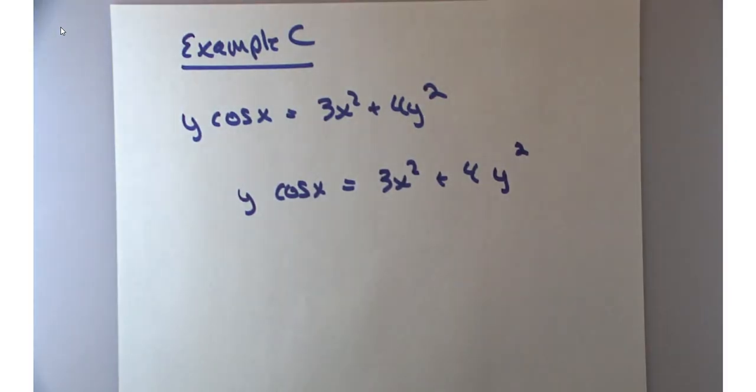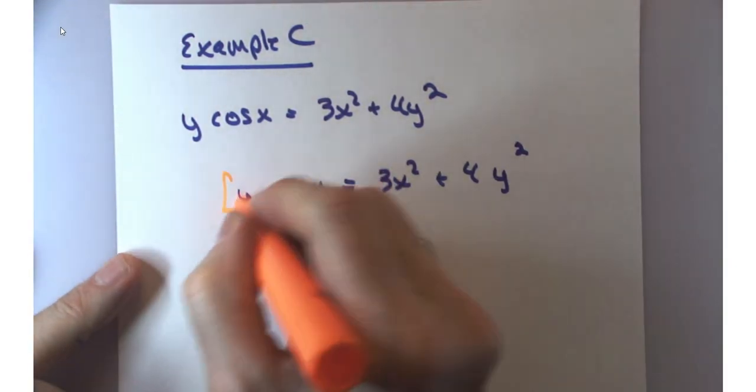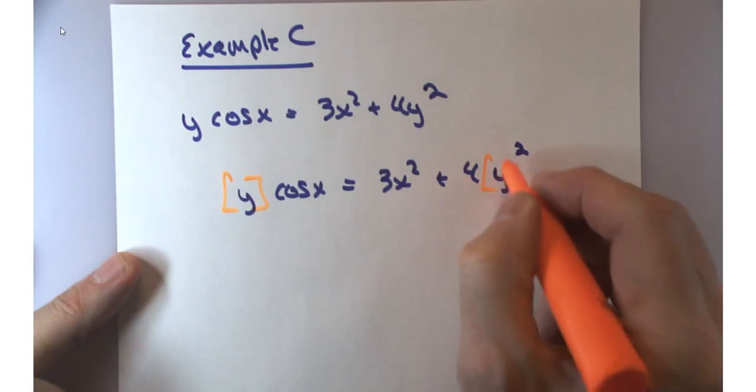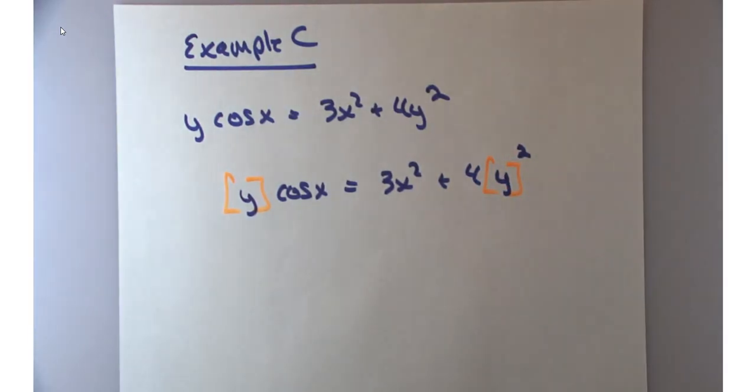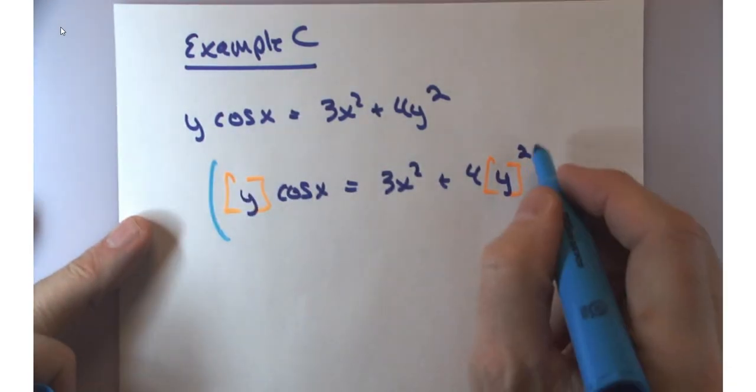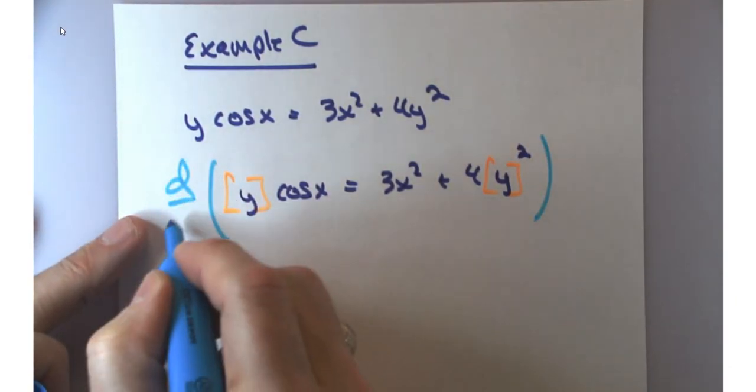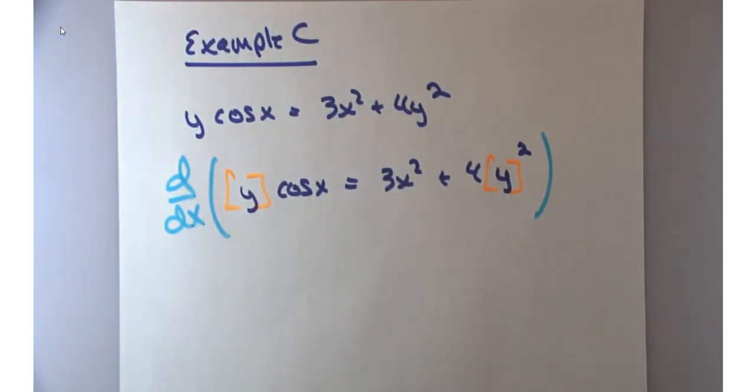I'm going to start as usual by just putting these y's in brackets like this, just to call your attention to the fact that those need special care when we differentiate both sides with respect to x.